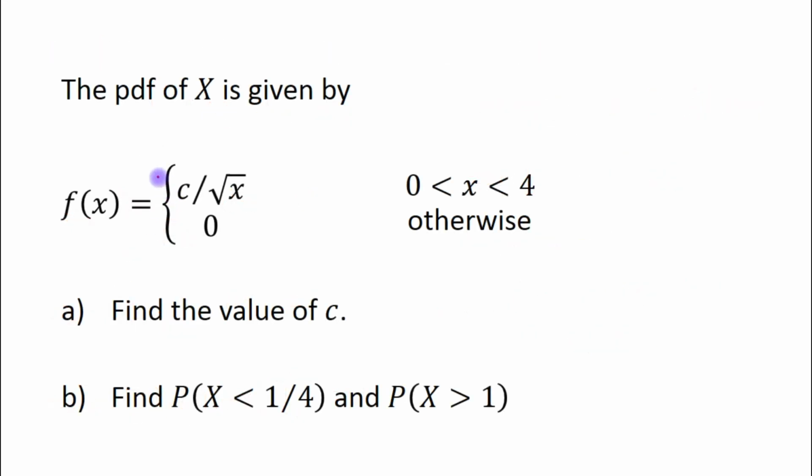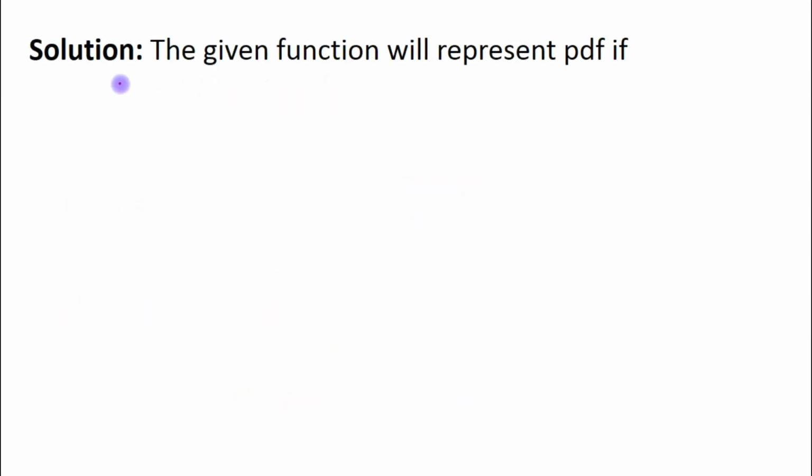Last question. The PDF of X is given by this function. Find the value of c. Solution: the given function will represent a PDF if the integration from minus infinity to infinity of f(x) dx equals 1. Next step.